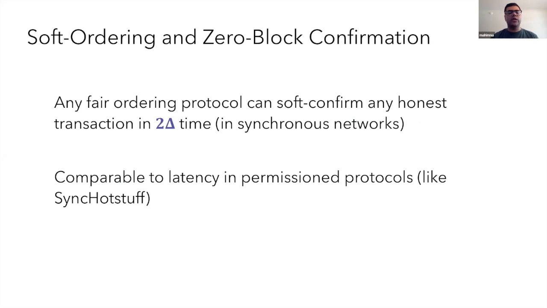And even though an honest transaction is not yet mined and it's not globally confirmed, a node can locally confirm this transaction with the guarantee that it won't be invalidated. So this is something powerful because we're predicting something about the future of the global transaction ordering without really knowing what's going to happen.